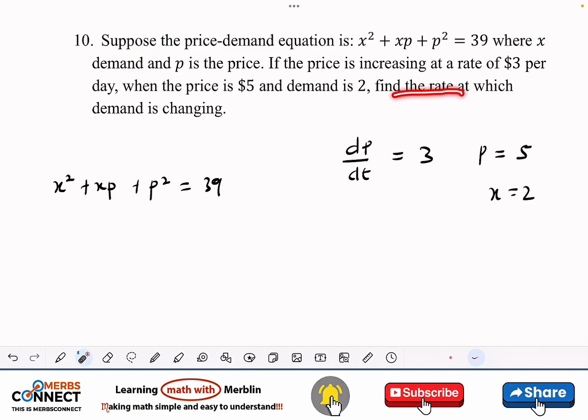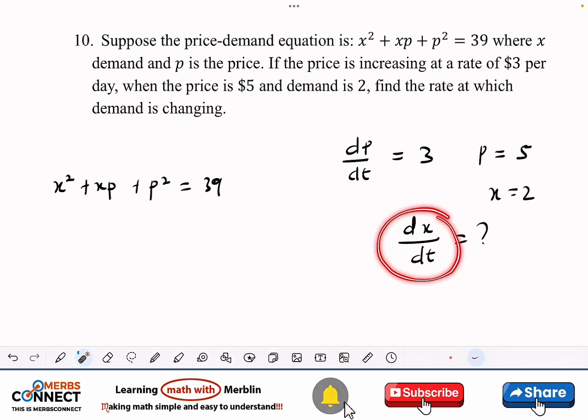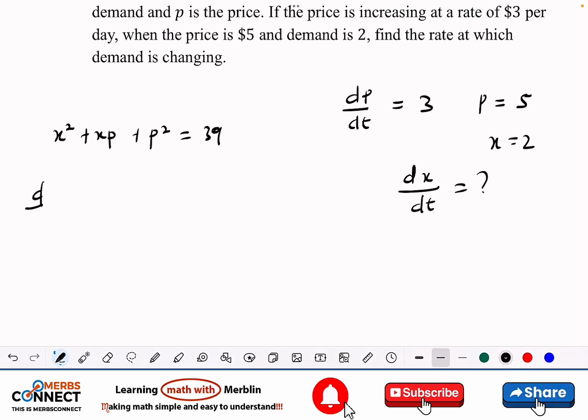Find the rate at which demand is changing. So what we are looking for is dx/dt, and we can get this from that. So now let's differentiate this function, all of the terms with respect to t.